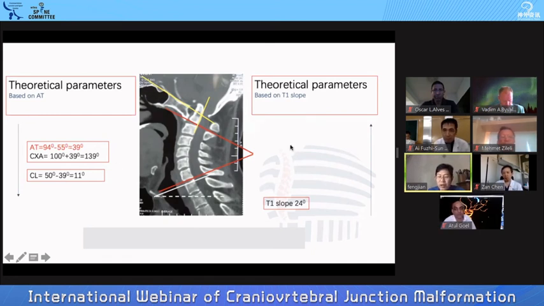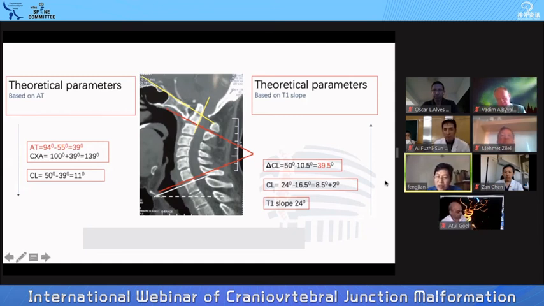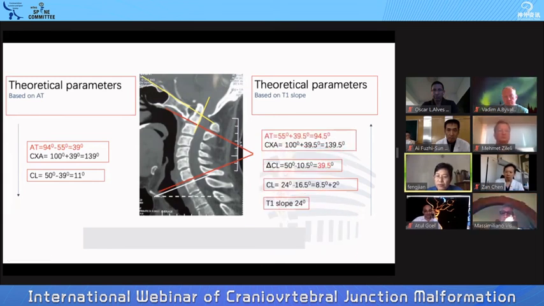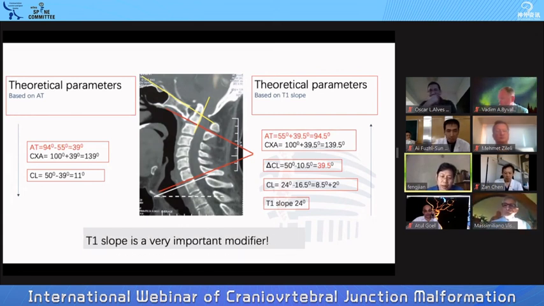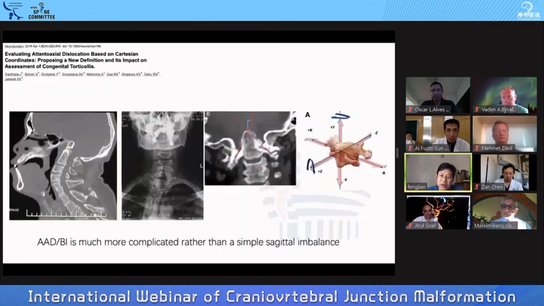Now, if we calculate based on T1 slope, the change of cervical lordosis should be 39.5, more or less similar to the axial tilt change. So both methods seem rational and correspondent. We think that T1 slope is also a very important modifier in some specific patients.